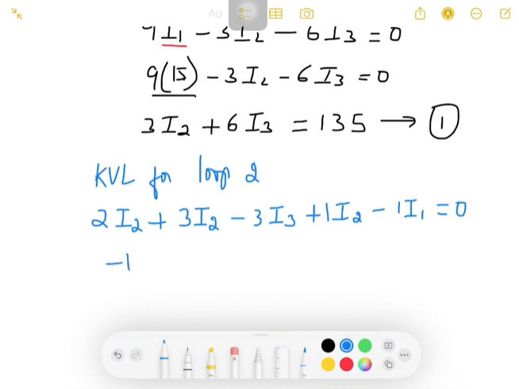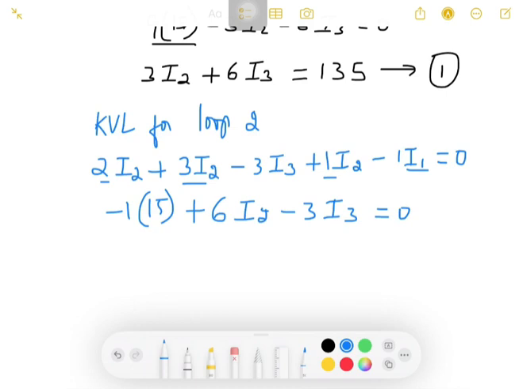I'll substitute 15 amps, plus I2 is here 2, here 3, here 1, that will total 6 I2 minus 3 I3 equal to 0. And if I further simplify this, it will be 6 into I2 minus 3 into I3 equal to plus 15. Let's take this as equation number 2.